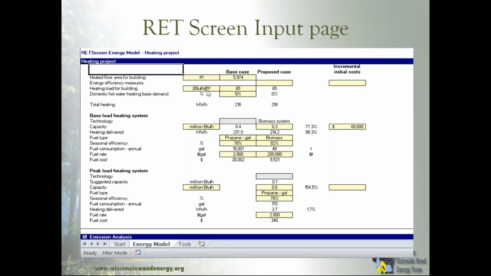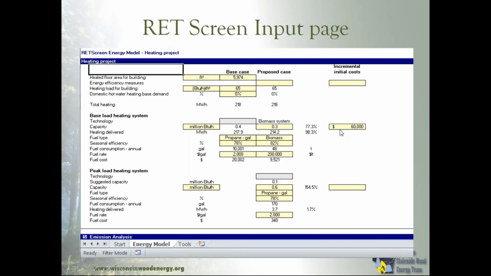So it's BTUs per hour per square foot. If I want domestic water in here as a percentage, it's going to figure out how much energy I need. You put in your fuel types and your efficiencies here, and the cost of the fuel, and then it comes down and figures out those costs.